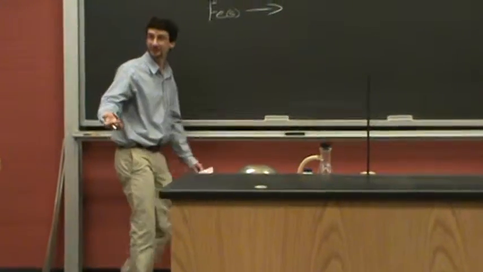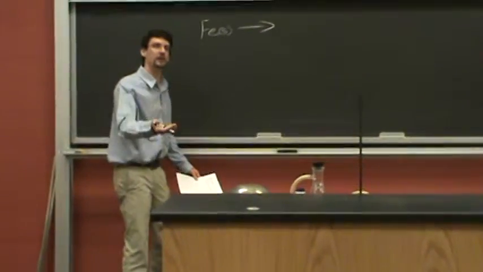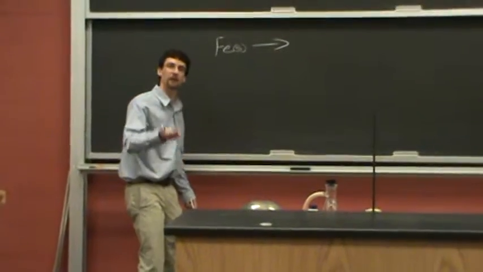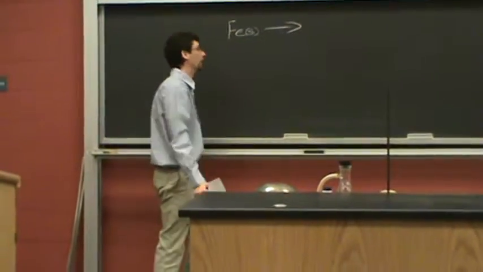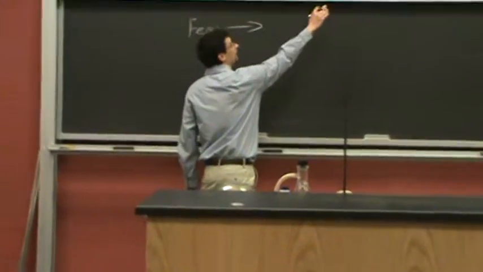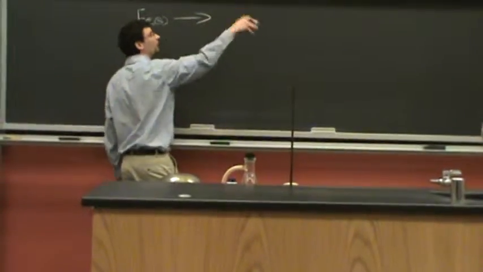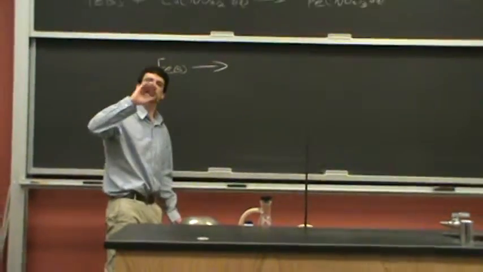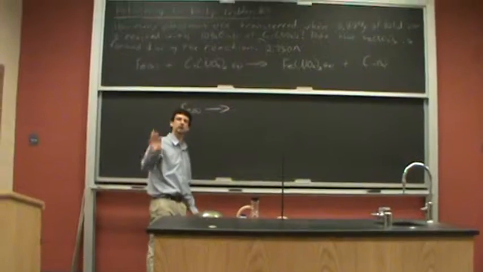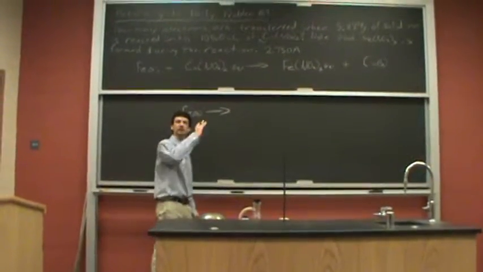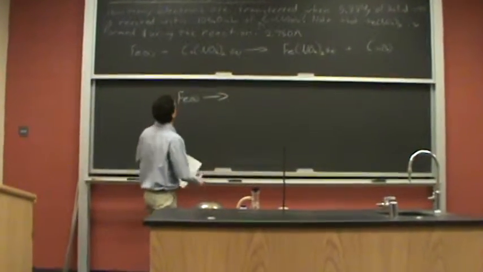Kind of a trick question. 0. Whenever an element is completely by itself, it has an oxidation state of 0. On the right side, even though those nitrates are there, those nitrates are just there as counterions. They're not really important to the chemistry, right? Their oxidation state isn't changing.